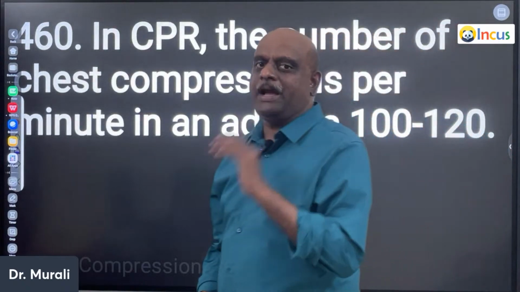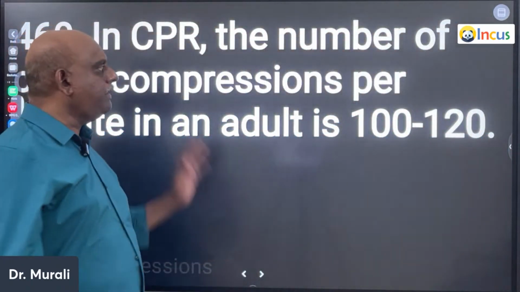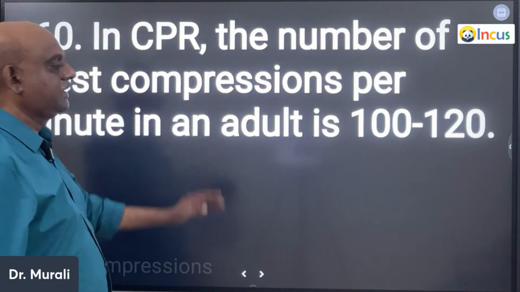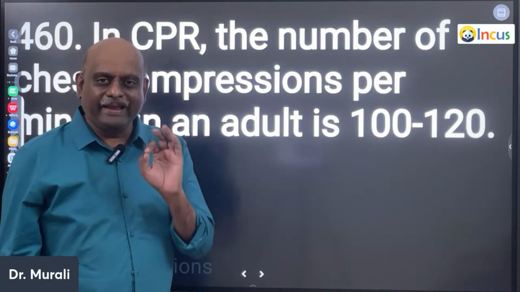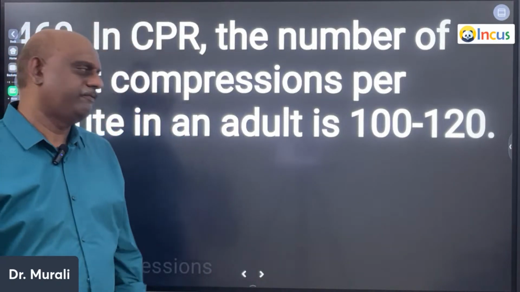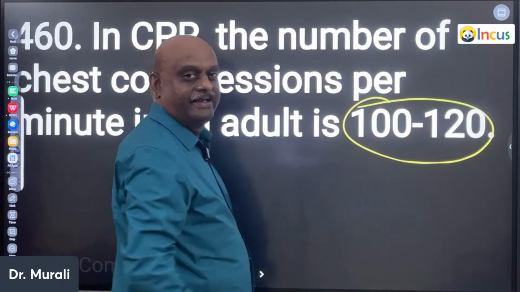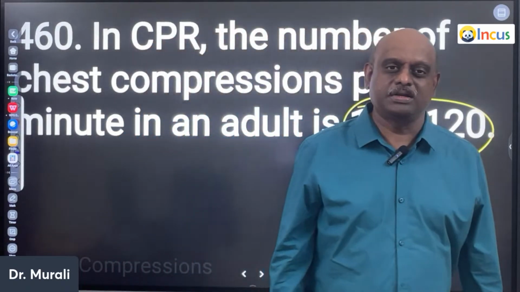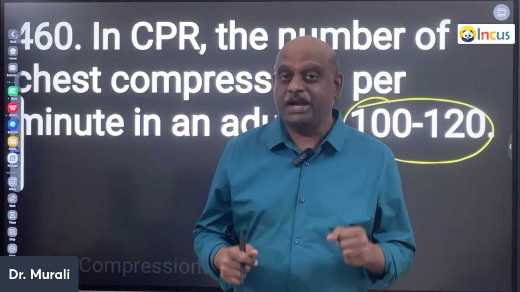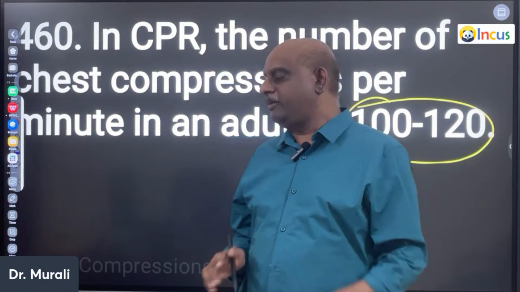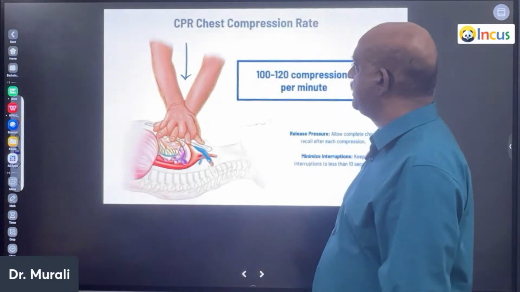Now, in CPR, how many chest compressions per minute are recommended in adults? Fundamental question. It is 100 to 120, a number you can't make a mistake on in tomorrow's exam. It is definitely going to be asked, so be very sure, doctor.